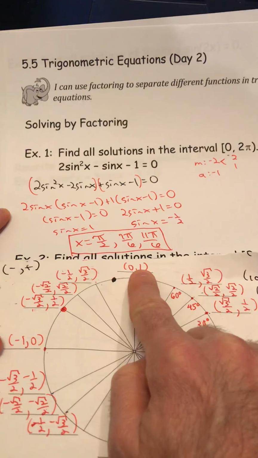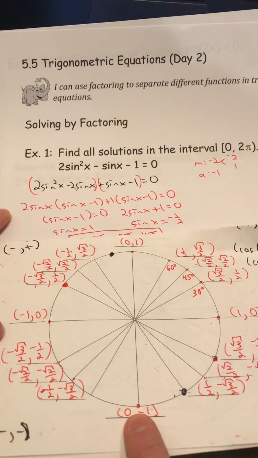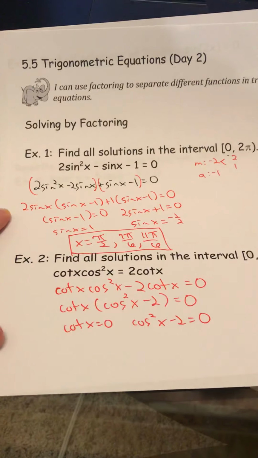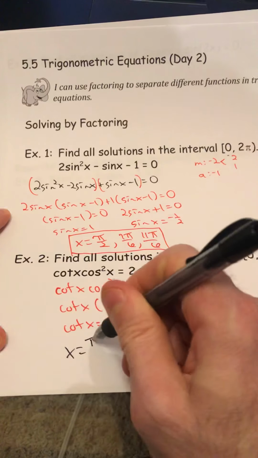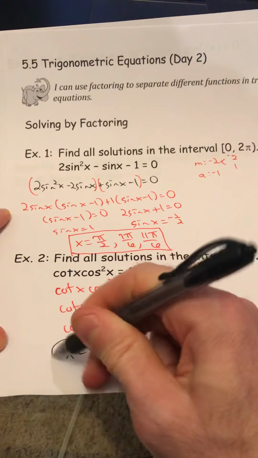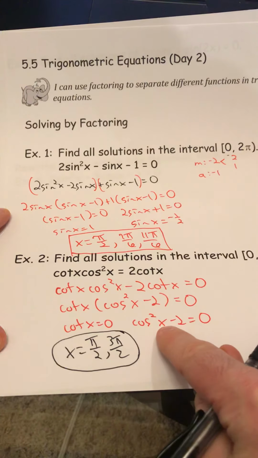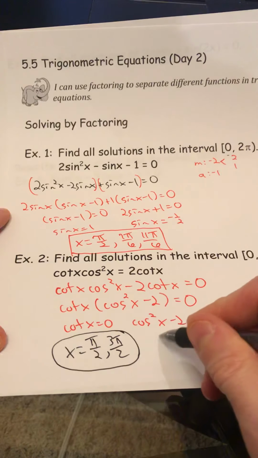Cosine over sine, 0 over 1 would be 0 at pi over 2, and 3 pi over 2. 0 over negative 1 is also 0. All right, so for the next one, now we have cosine squared x minus 2 equals 0.